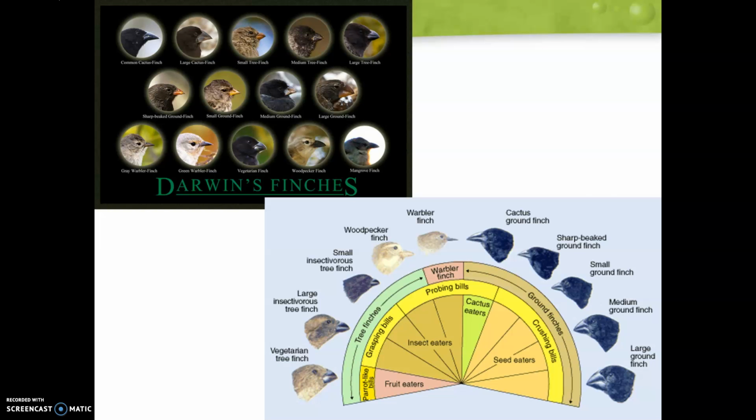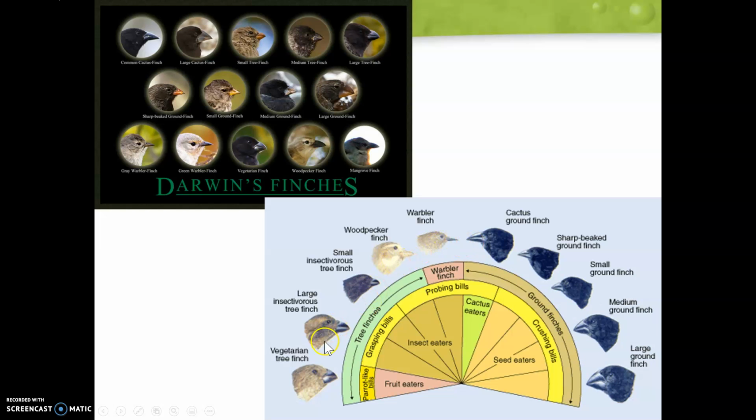So he studied finches. On the Galapagos Islands, they believe that the first finches were blown onto these islands from South America. So we had finches of the same species blown to the Galapagos Islands. When this happened, we saw that we had the same species, but over a long period of time, these different finches, depending on the food sources and the community environment that they had, started to form different beaks.